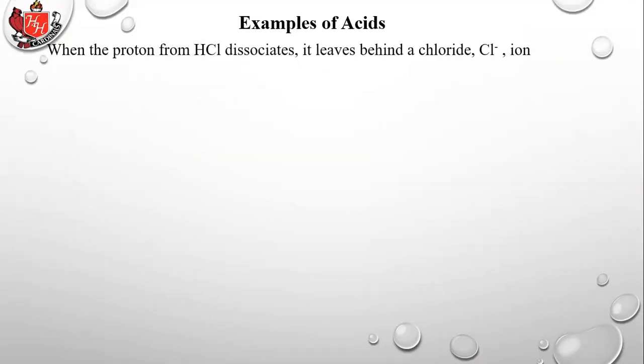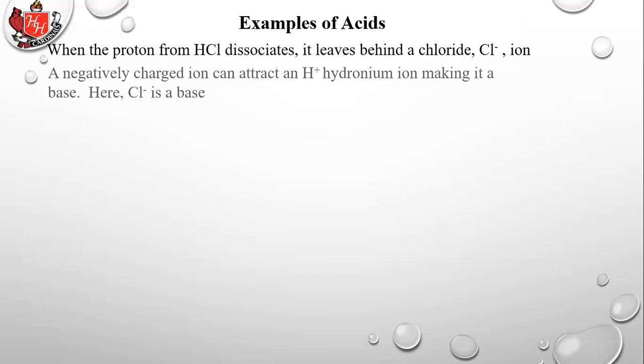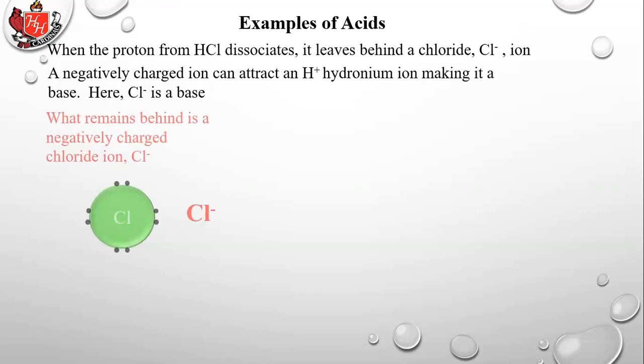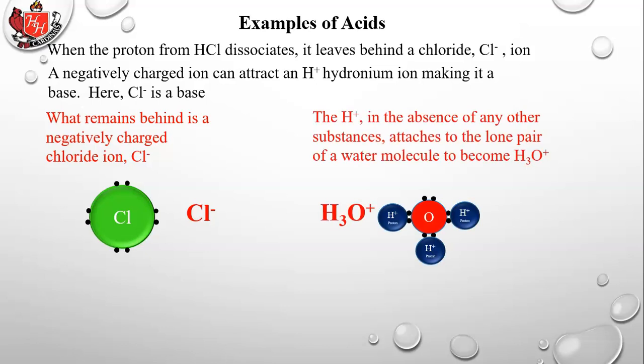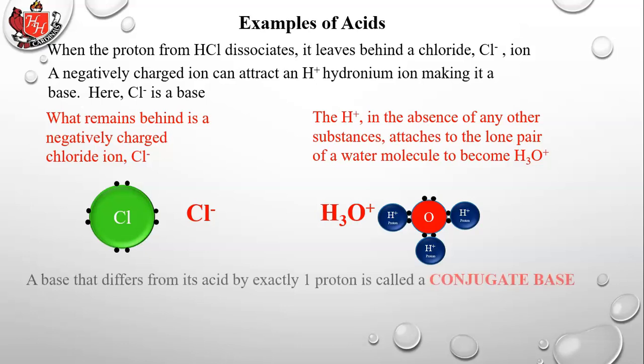When the proton from HCl dissociates, it leaves behind a chloride Cl- ion. A negatively charged ion can attract an H plus ion, making it a base. Here, Cl- is a base. What remains behind is the negatively charged Cl- ion. The H plus, in the absence of any other substances, attaches to the lone pair of a water molecule to become H3O plus.